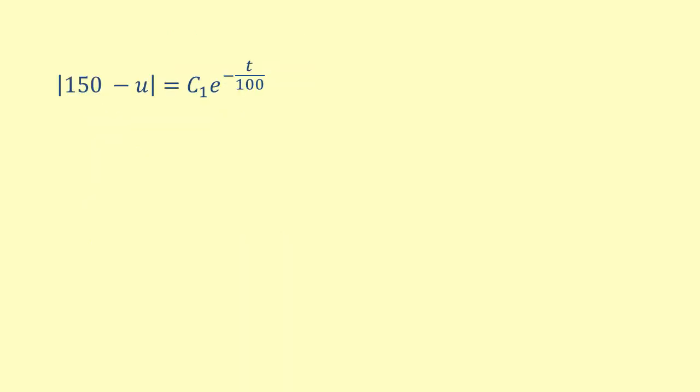Now, we want to find the function for u of t. We'll need to rearrange our equation to do this. Rearranging the equation results in u of t equals 150 minus c sub 1 times e to the negative t over 100. We must solve for c sub 1 using our initial conditions.